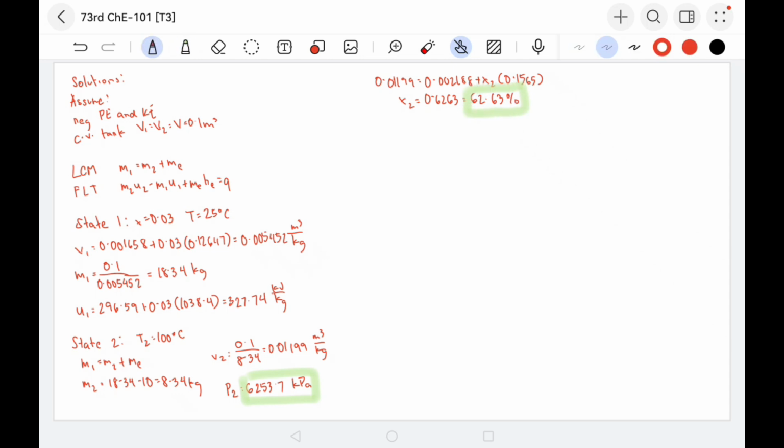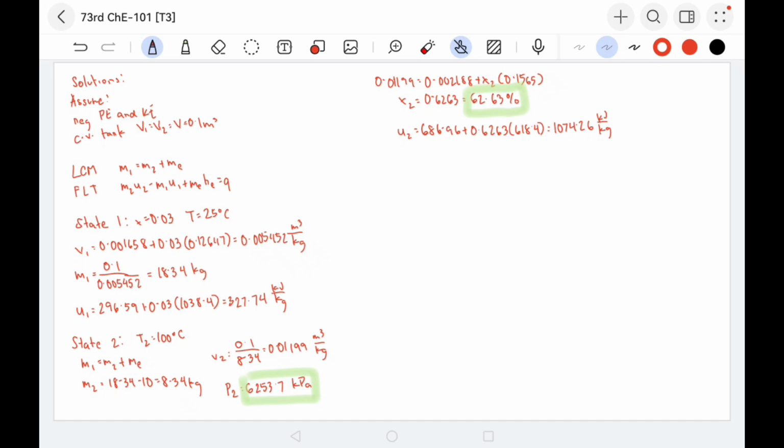And now that we know the quality, we can also compute for U2. So 686.96, which are values taken from the Sontag tables as mentioned before, plus 0.6263 times the difference of 618.4 to get 1074.26 kilojoule per kilogram, which we will use later in our calculations.